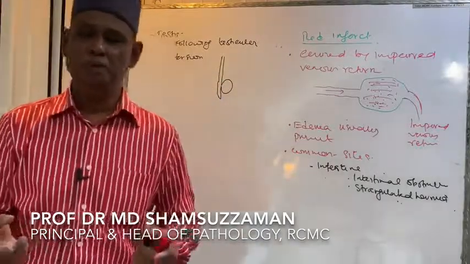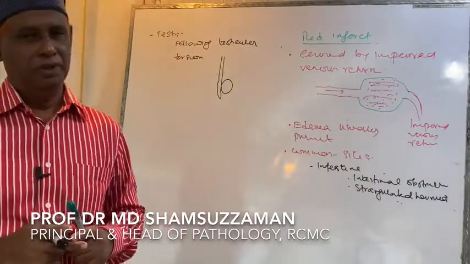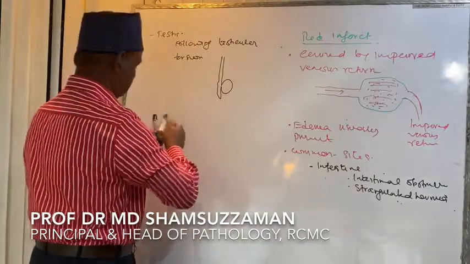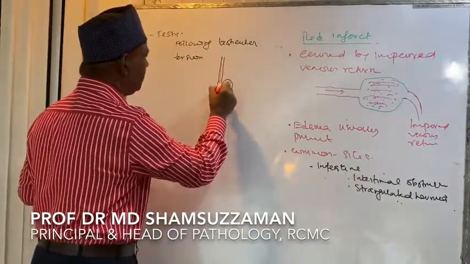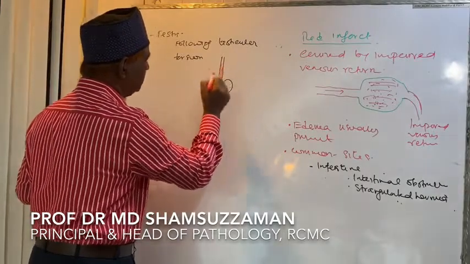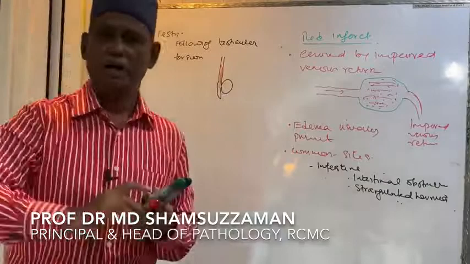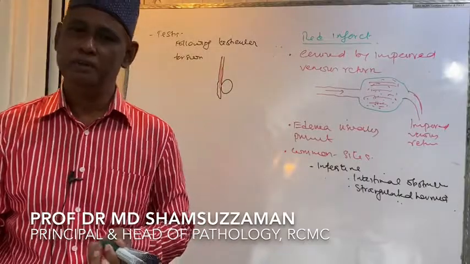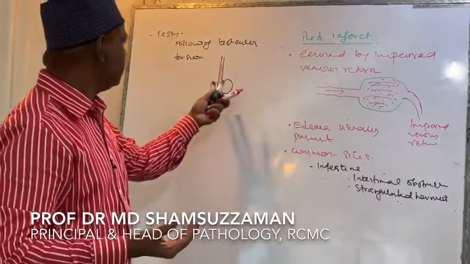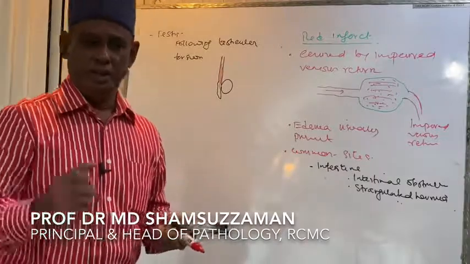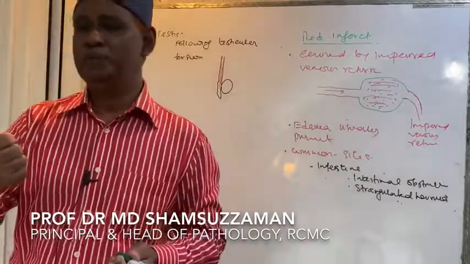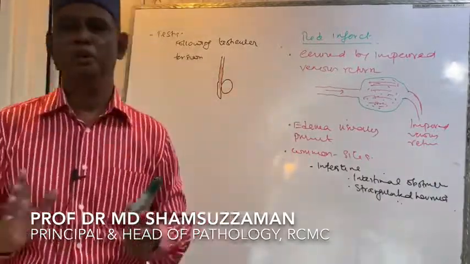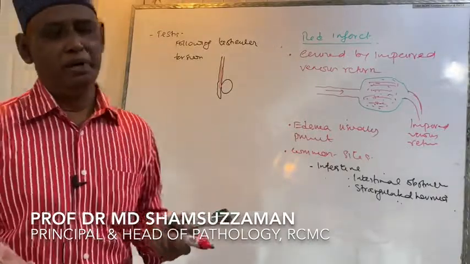Testis in testicular torsion. Suppose this is testis. If there is torsion, there is a chance of development of red infarct within the testis. Dear audience, you know there is arterial supply and also there is venous drainage.